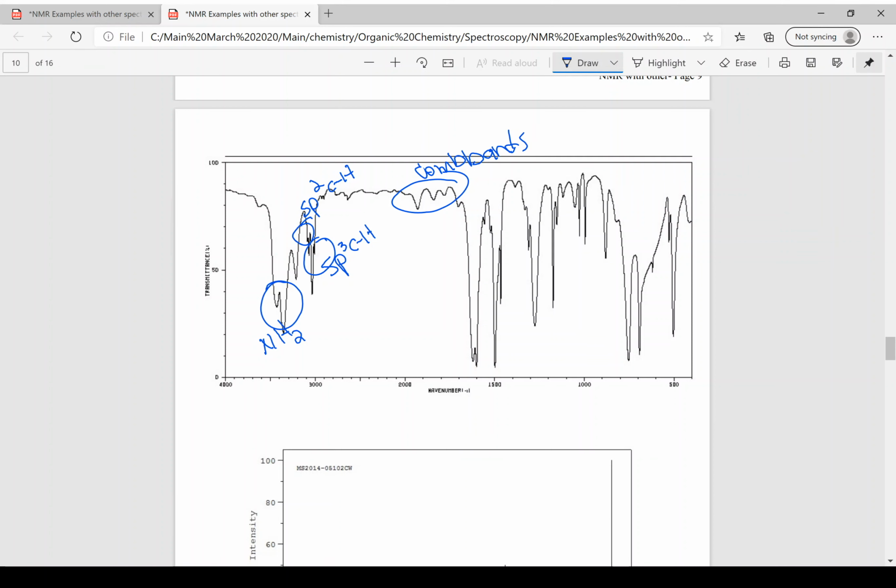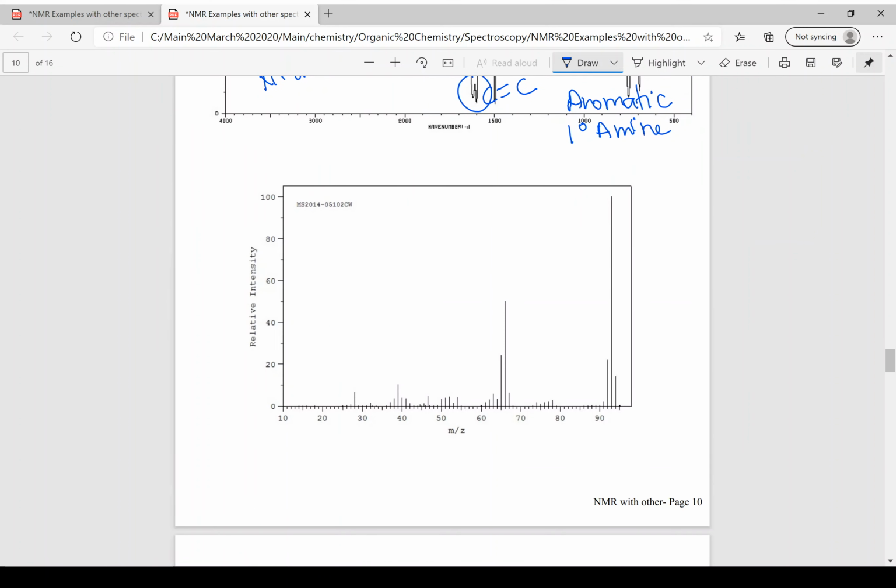And right here, it looks like those are my carbon-carbon double bonds. Oh, look, I think there is an aromatic, specifically benzene, with a primary amine, which matches what we drew up there.